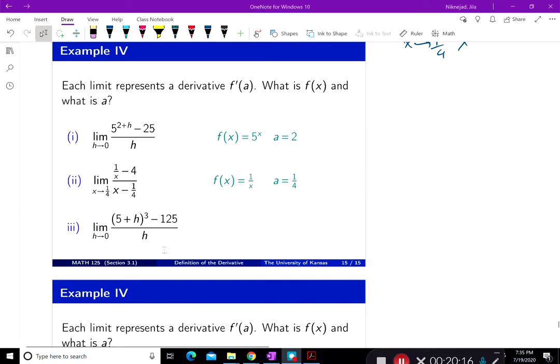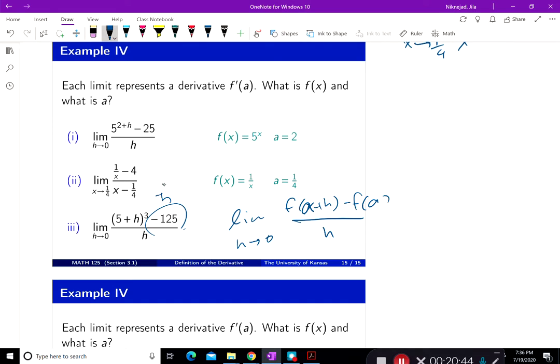The last part of example 4: how do I find this limit? Again, this one I think is the limit as h goes to 0 of f of a plus h, minus f of a, over h. Here I see that this one is basically 5 to the power 3, and this one is 5 plus h to the power 3, right?